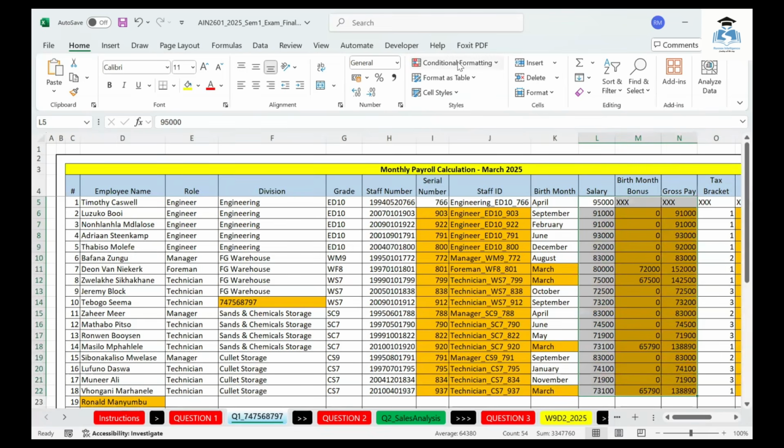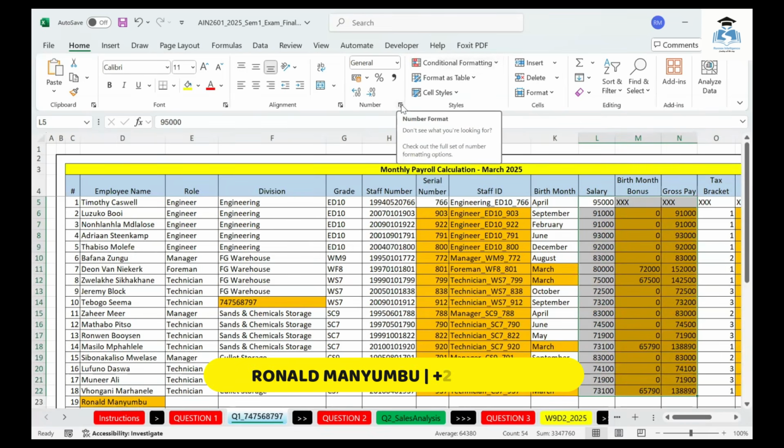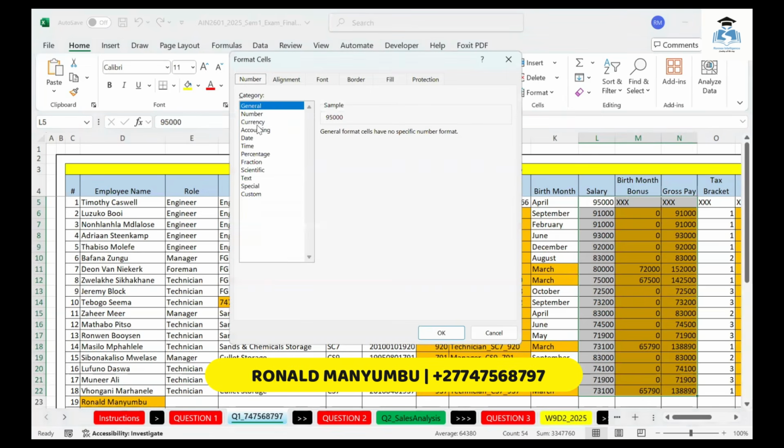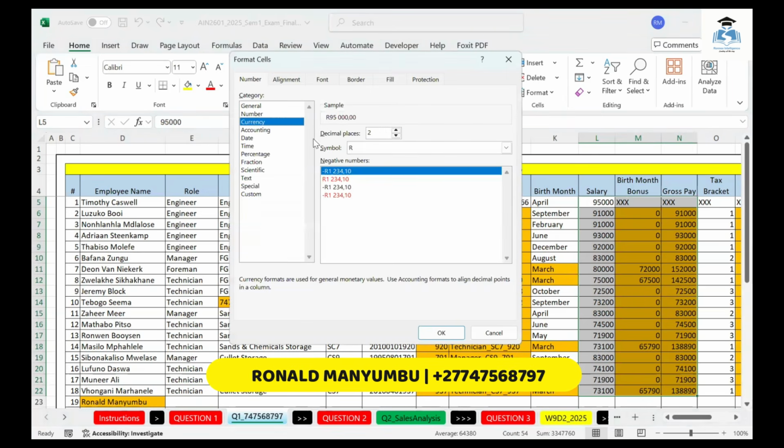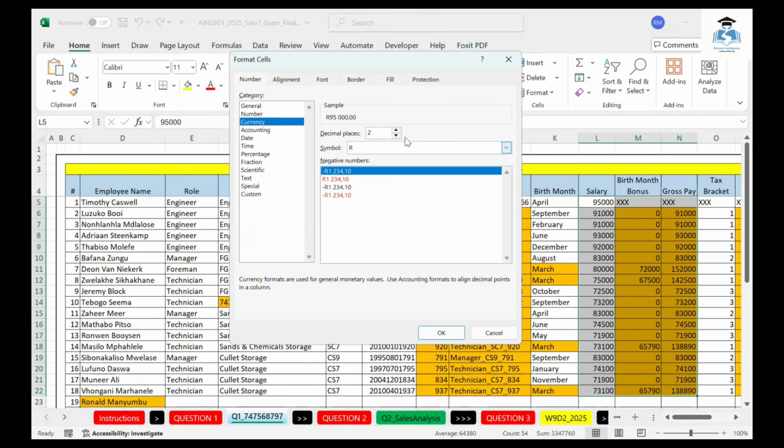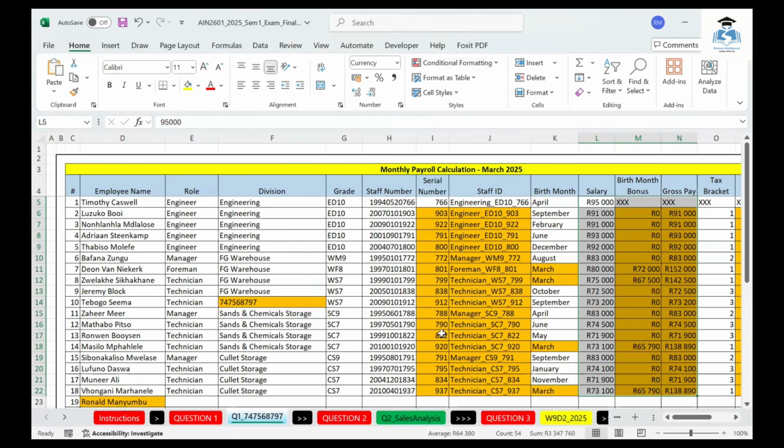So when you highlight, you go here where it says number. You click the down arrow, then currency. If the symbol is not there, you put it, using the drop down. Then they said 0 decimal places, so you reduce to 0. Then you click OK.